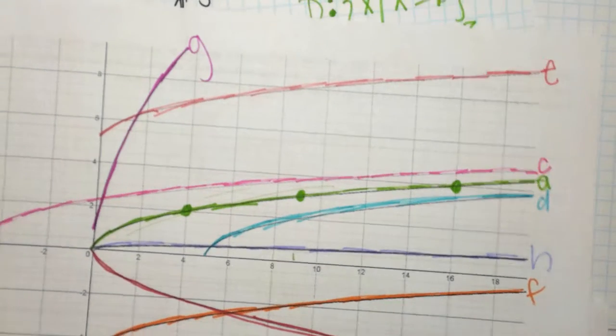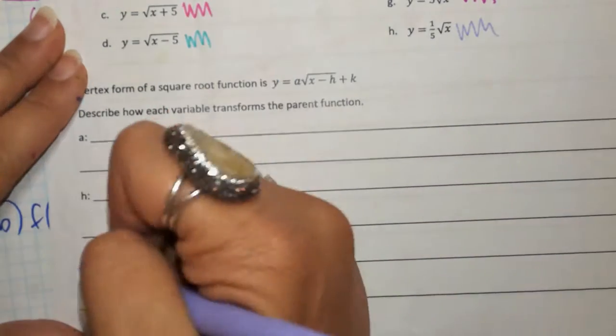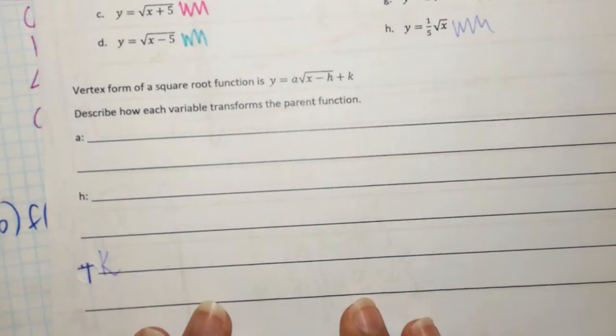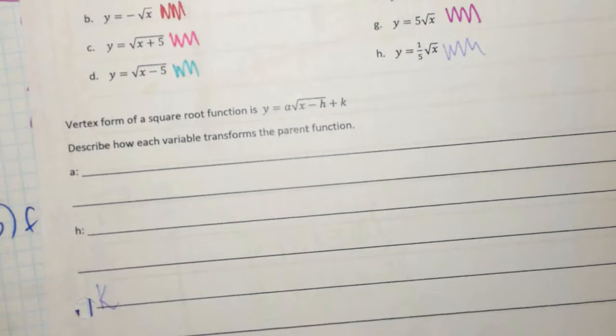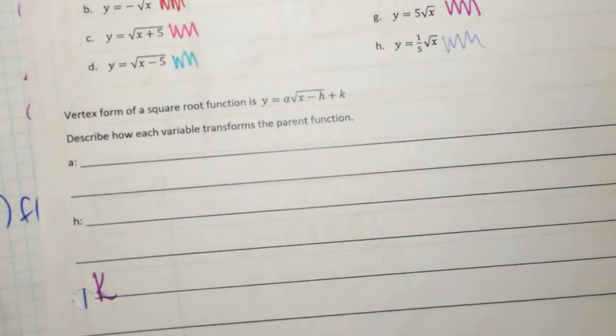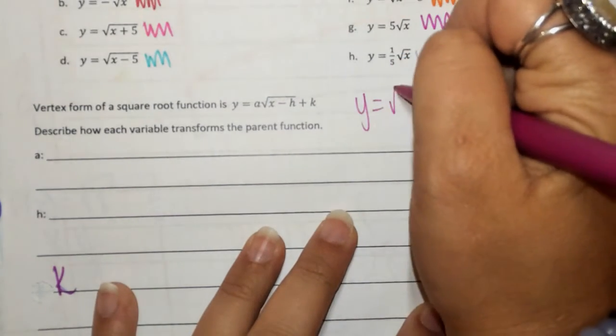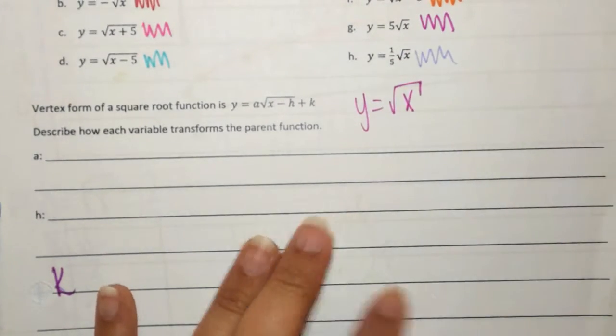Now, I don't know if your paper puts a hole in this, but this should be K. Okay. So that should be K down there. Now, what do the directions ask you to do? Describe how each variable transforms the parent function. Okay, so remember our parent function is y equals the square root of x. That's our parent function.